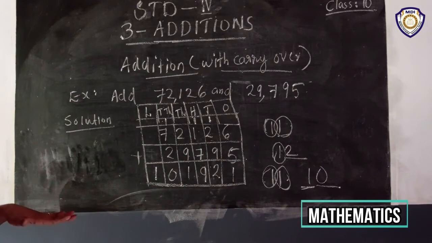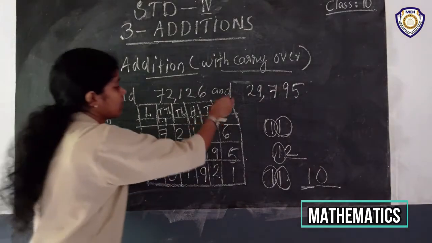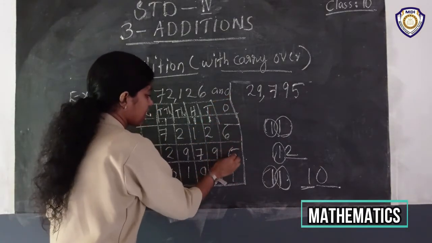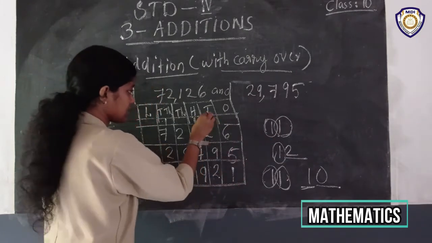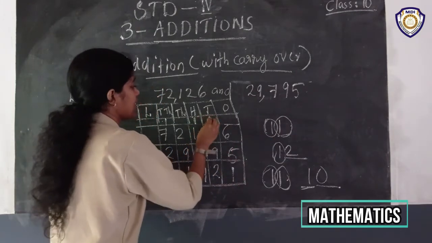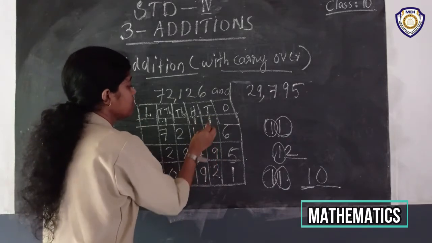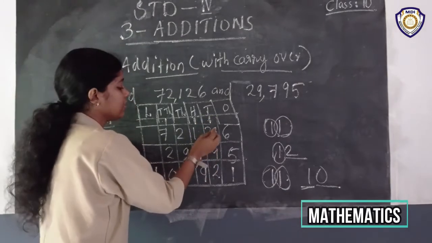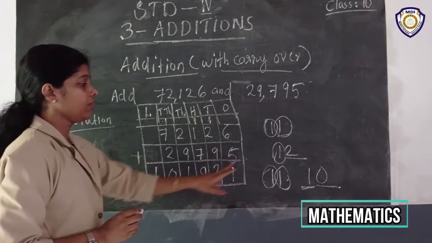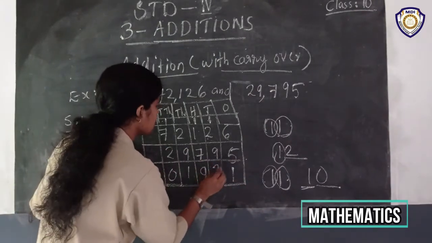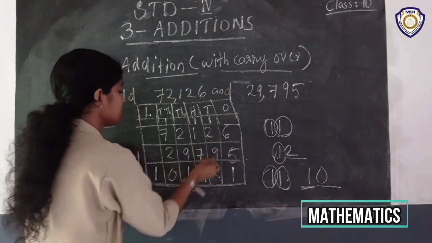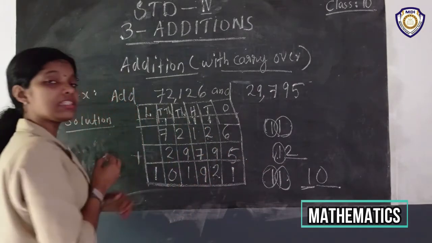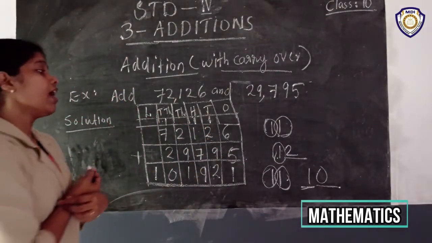I will explain one more time. Firstly, add the ones column. 6 plus 5, 11. 1 is here, then 1 is carried to the tens place. Then 1 plus 2, 3. 3 plus 9, 12. 2 is here, then the balance is 1, carried to the hundreds place.